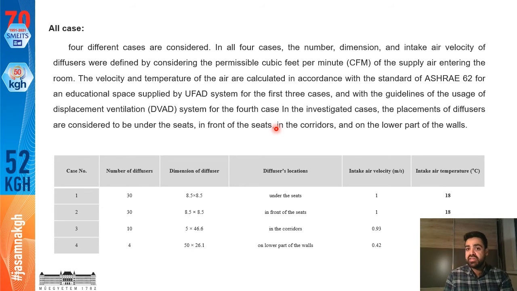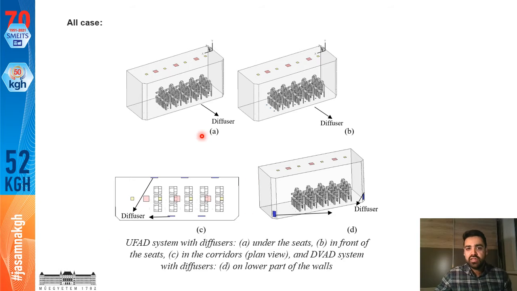So the placements of the diffuser are considered to be under the seat, in front of the seat, in the corridor, and on the lower part of the walls. Here I could see that in A models the diffusers are under the seats, while in B models the diffusers are in front of the seats, and in C models they are located in the corridors.